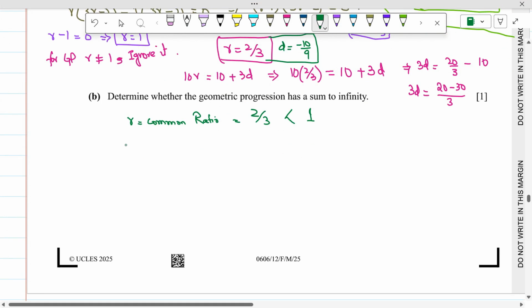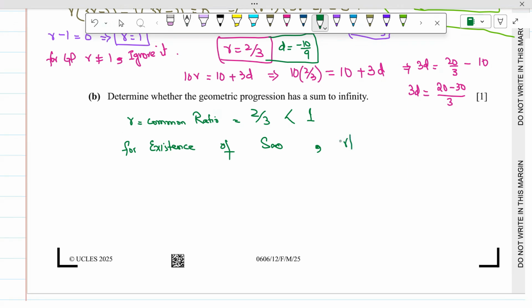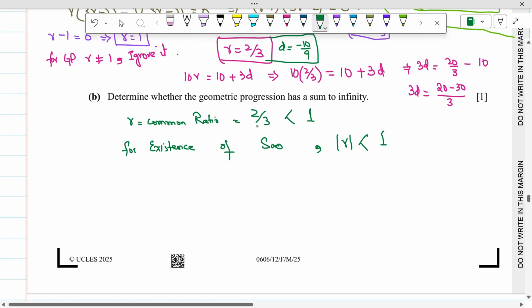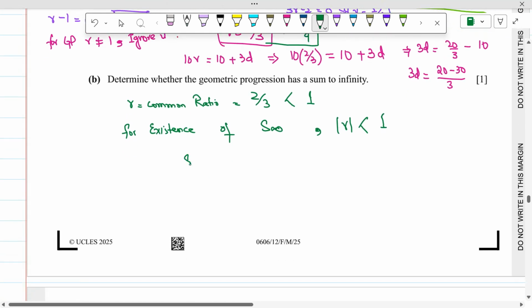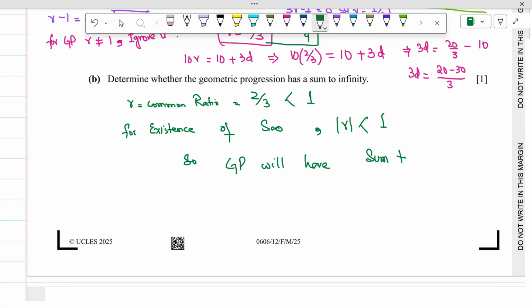For the existence of sum to infinity, the absolute value of the common ratio should be less than 1. And we know that 2 over 3 is less than 1, so the geometric progression will have sum to infinity.